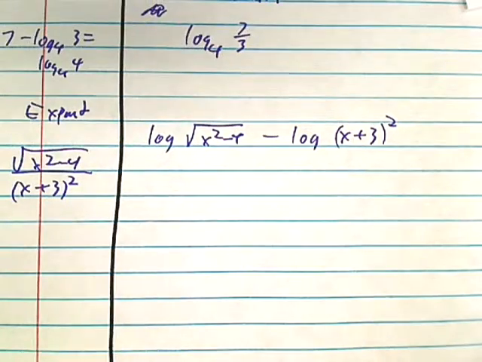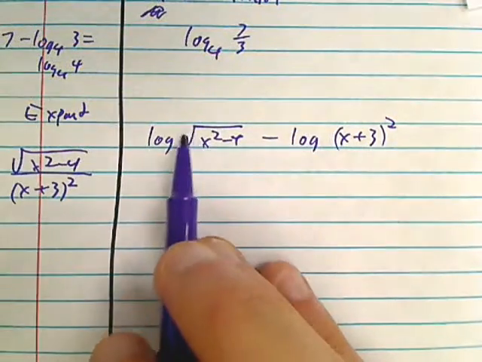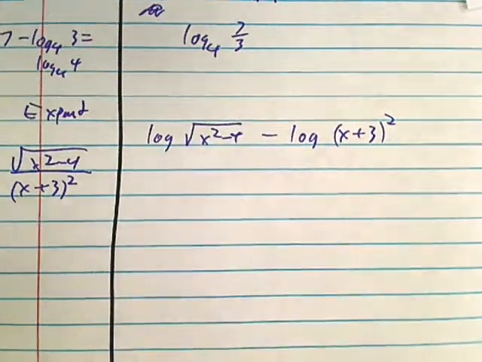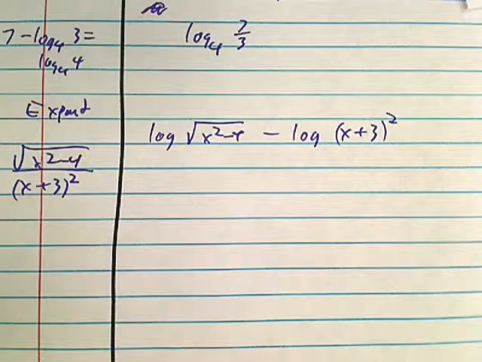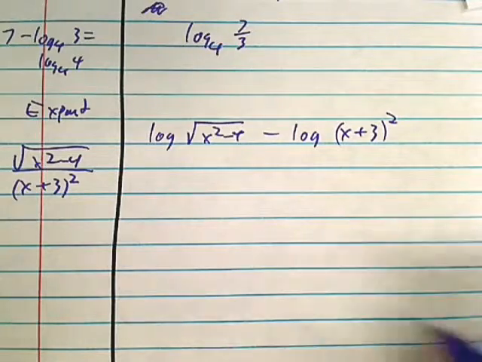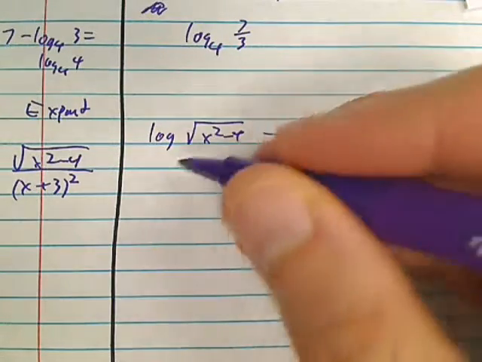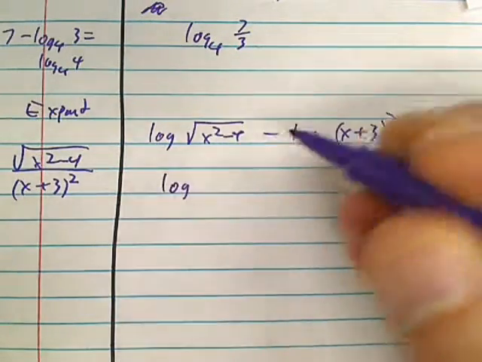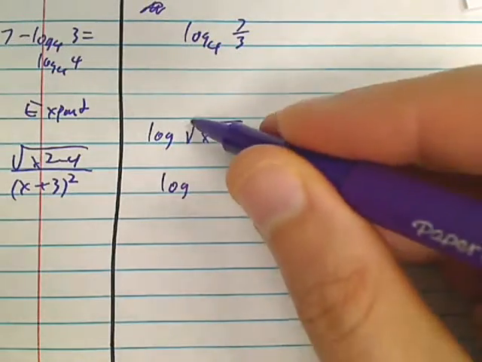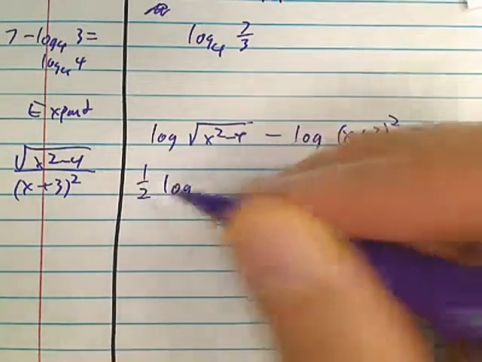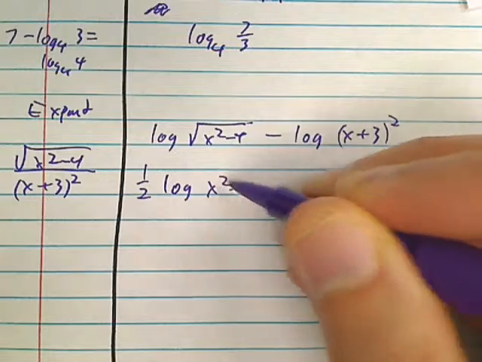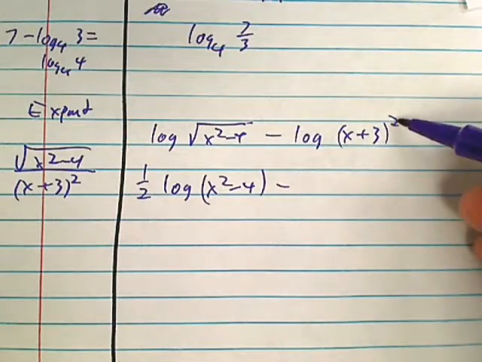Beautiful. The next thing I want you to notice is that the square root is actually an exponent. Put your exponents in front of the logarithms. The square root is really the 1/2 power. So 1/2 log of x squared minus 4. And this 2 is your exponent here.